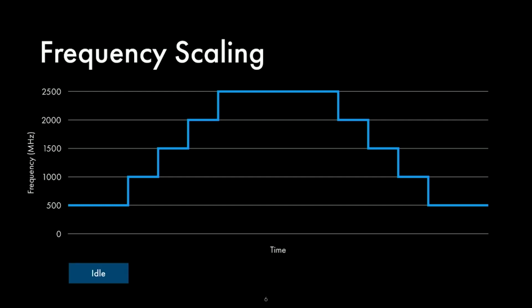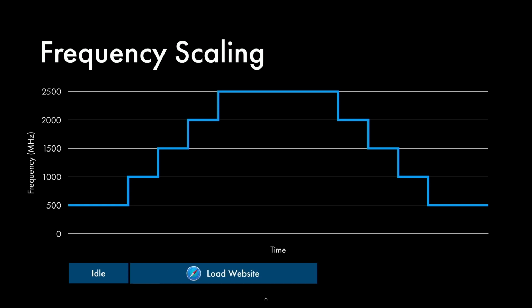So for example, if your phone is sitting idle, then all of the cores might be sitting at a low frequency, so at 500 megahertz. If you then load a website, the scheduler is going to notice the increase in load and will then respond to it by ramping up the frequency over time.